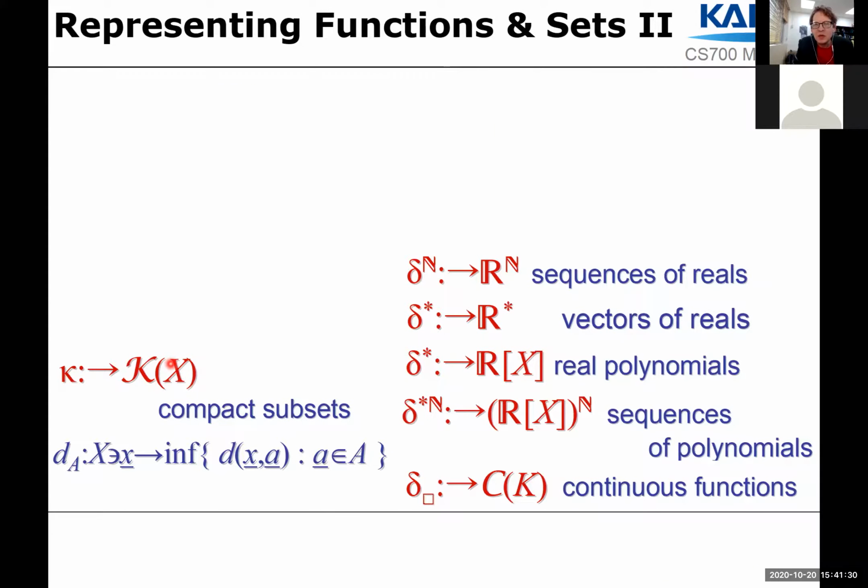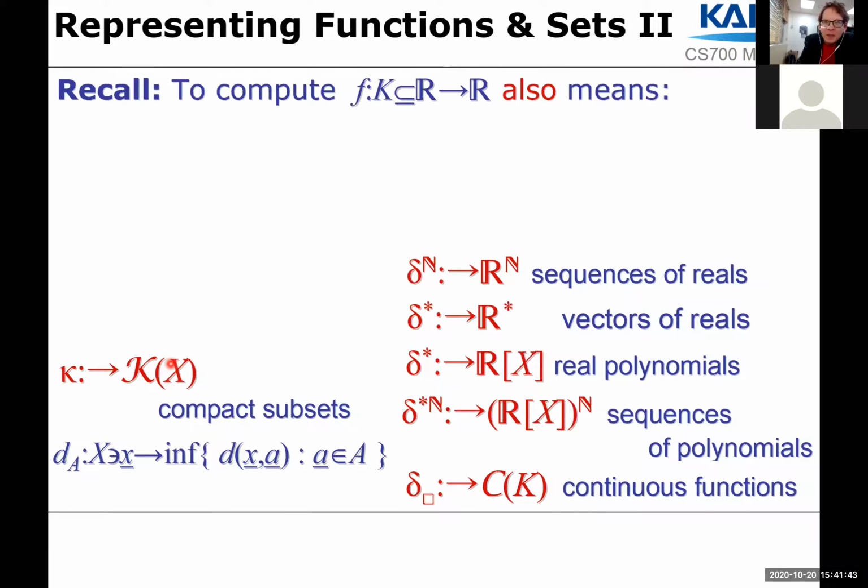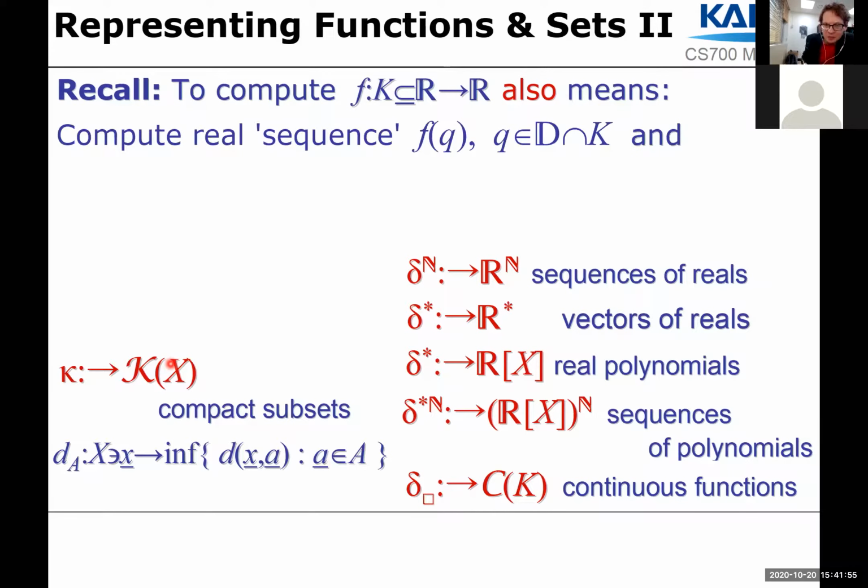But we have also considered other notions of computability for continuous functions and continuous sets, and this is going to be the last slide of today's session. Namely, remember an equivalent but different definition for computing a real function was not by computing a sequence of Weierstrass approximating polynomials, but by combining two conditions.